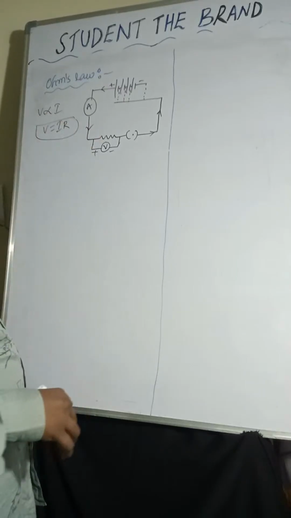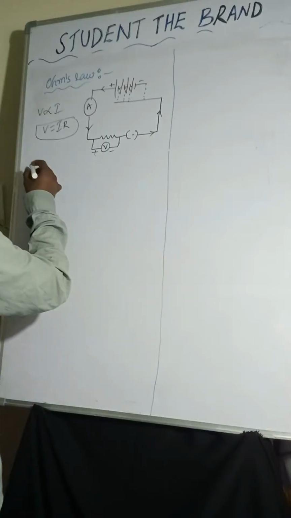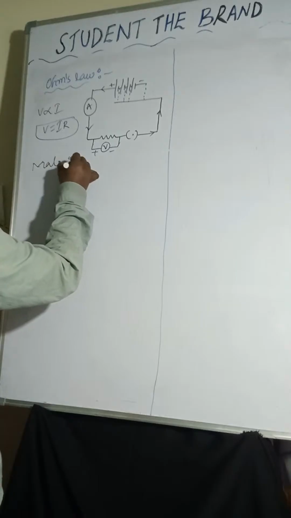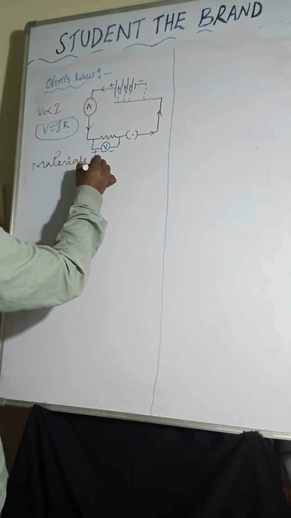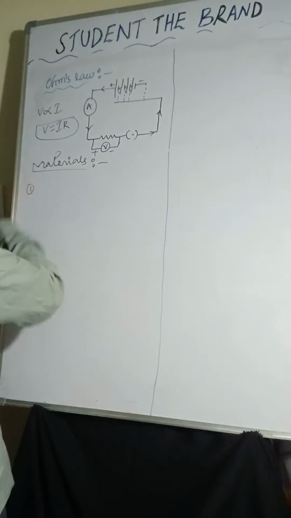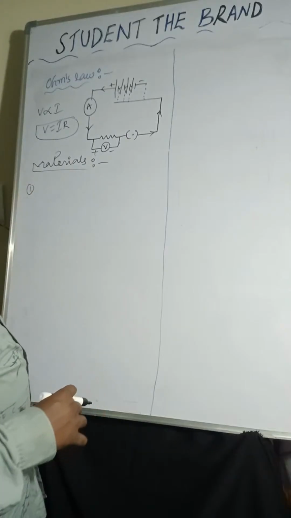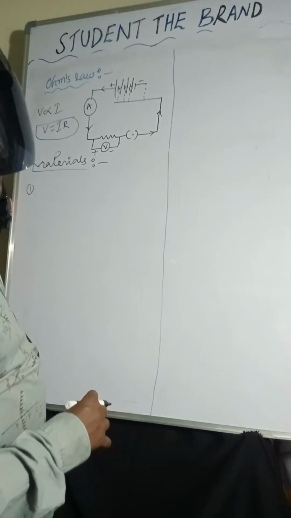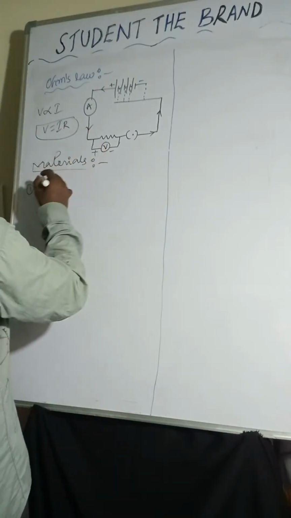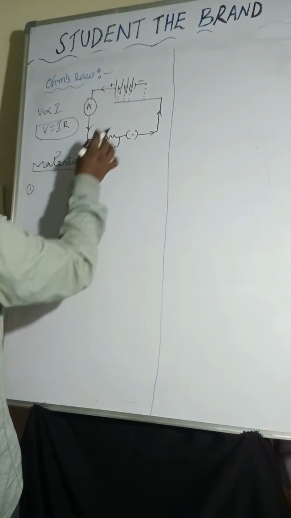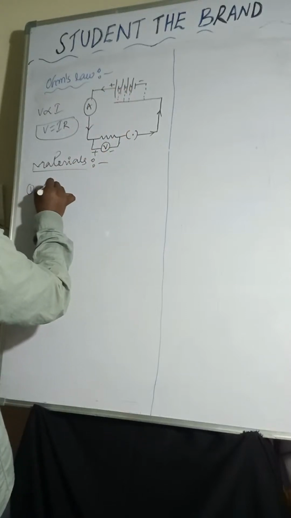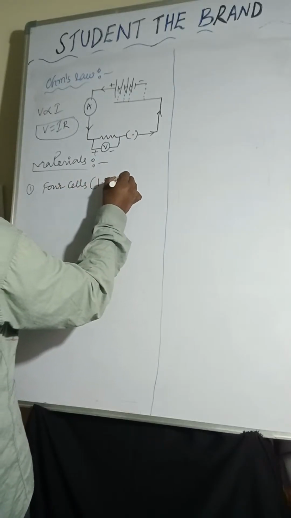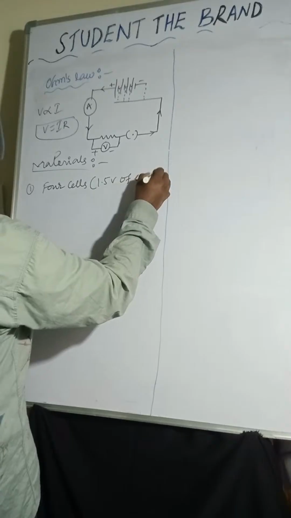Now we will discuss one more thing: the materials required. First one is four cells of 1.5 volts each.